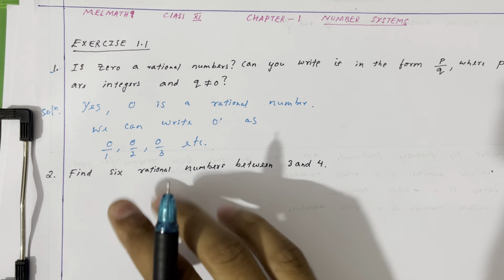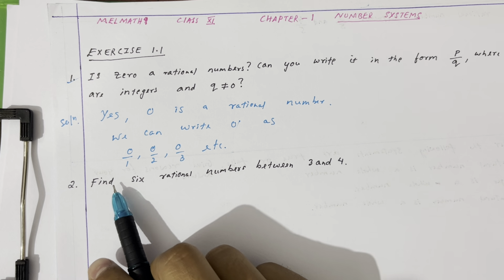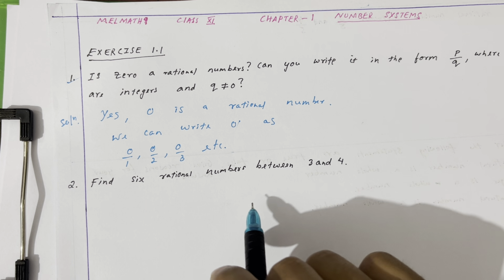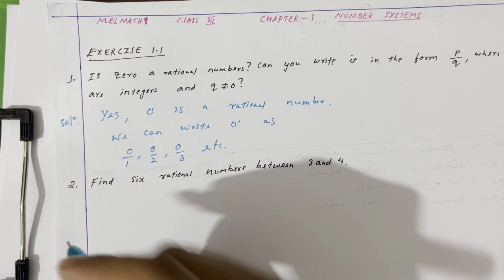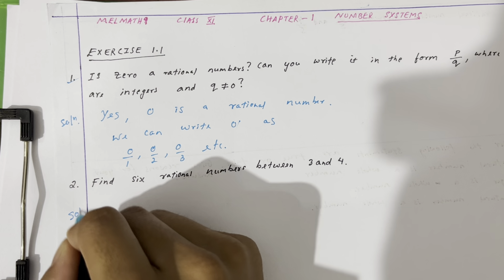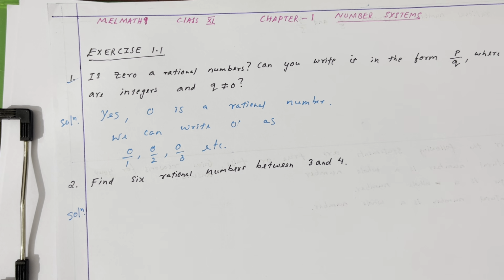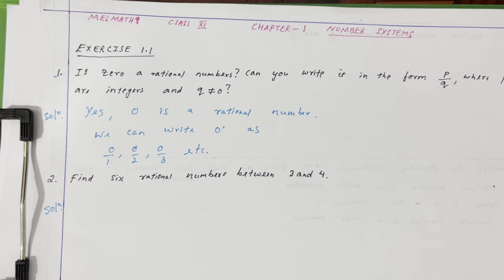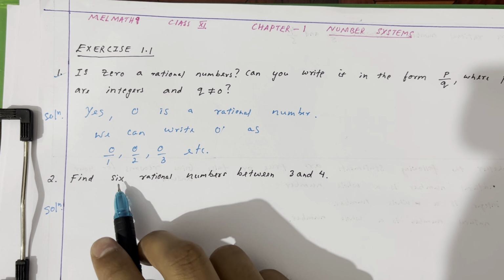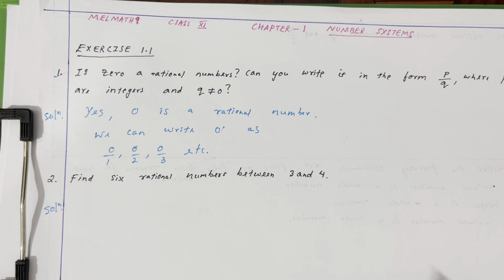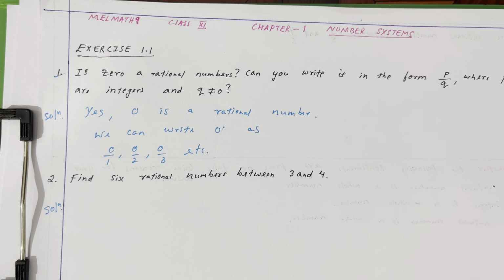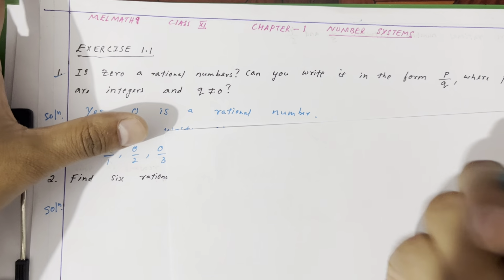Okay, next question: we have to find 6 rational numbers between 3 and 4. Then you write here: solution. First let me explain. Whenever the question says find 6 rational numbers, you already know what rational numbers are.